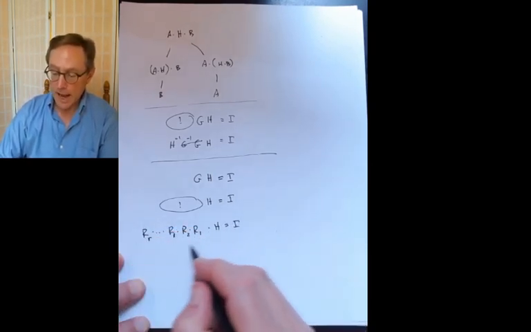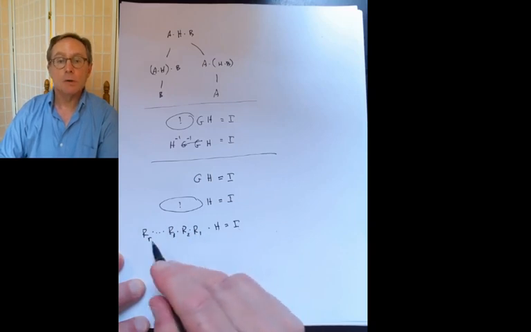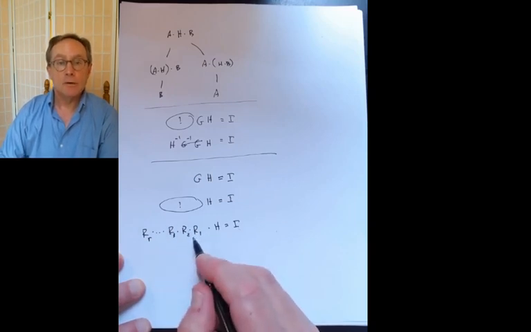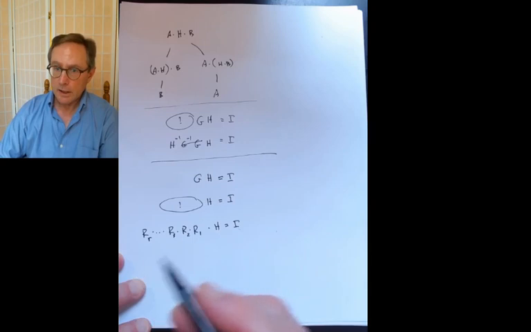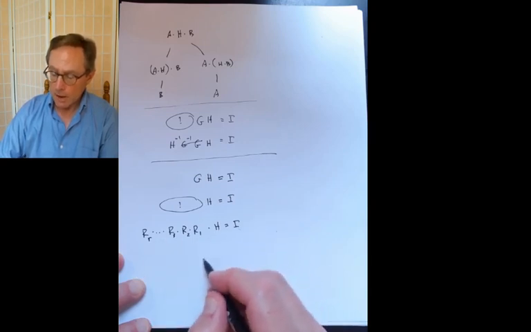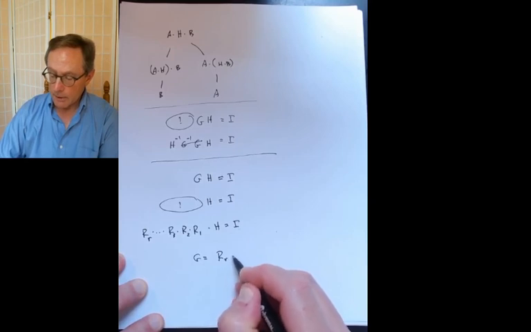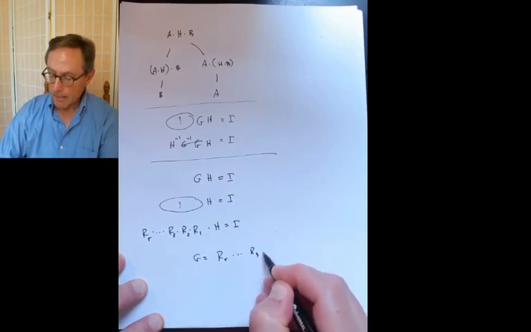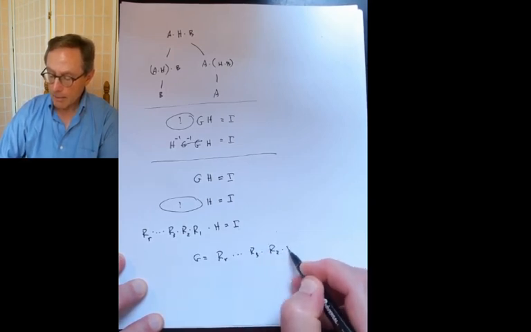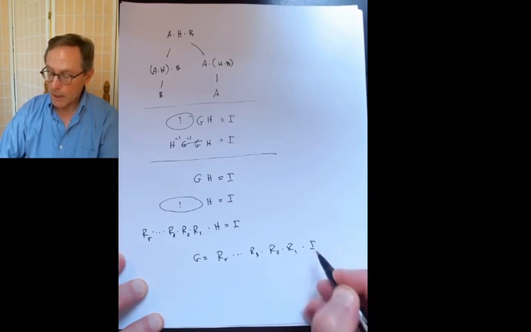So this is exactly what I want. This is capital G. Multiply those matrices together. Stated in the form of the lemma, I'll write capital G as R_r through R_1, and I'll multiply them all times the identity.